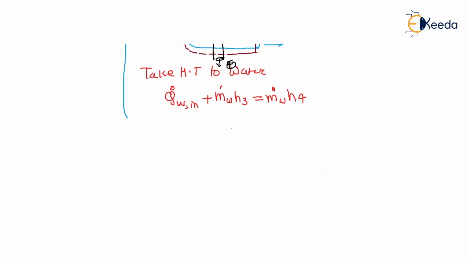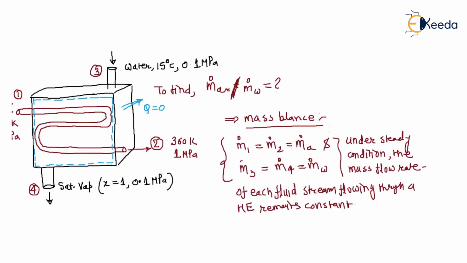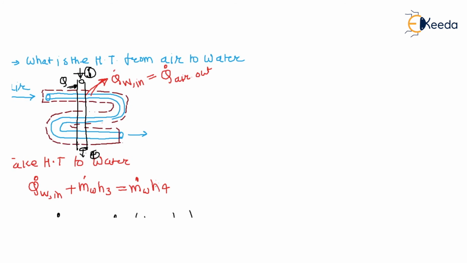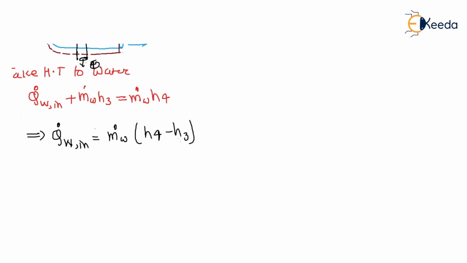From this we can easily calculate the heat transfer to the water, which is the mass flow rate of water times H4 minus H3. H4 is saturated liquid vapor, and you have H3. So put the values here to get the mass.